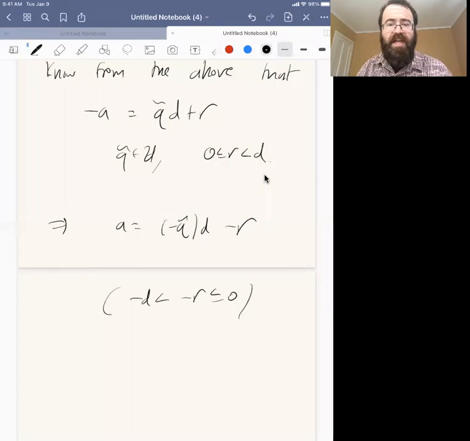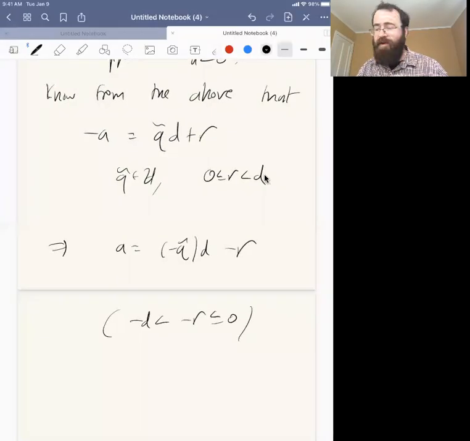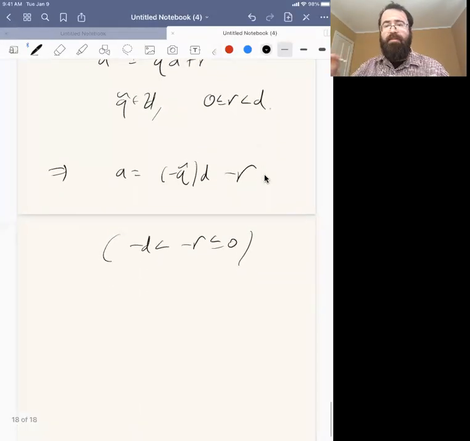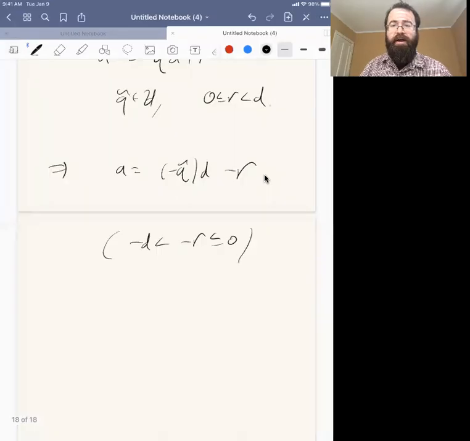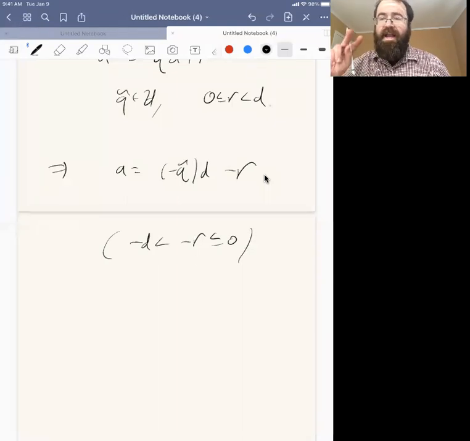Now that's just exactly the same equation as 0 less than or equal to R less than D. I've just negated it and reversed the order as we must do. But it's useful to do that because this tells me that if instead of working with minus R, I work with D minus R, then I'm in a good range again. Let me say it this way. I'll break it into two cases to say it in the most convenient way.